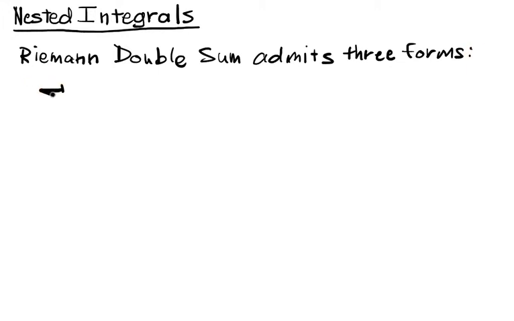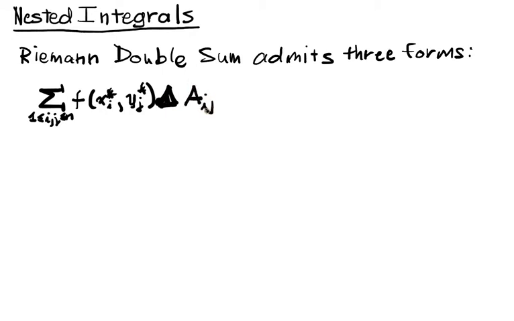So the way we defined it is that we sum over all pairs i and j, one taking values from 1 to n, f(xi star, yj star), times this delta, so the change in area, delta A_ij, corresponding to the ijth chunk.